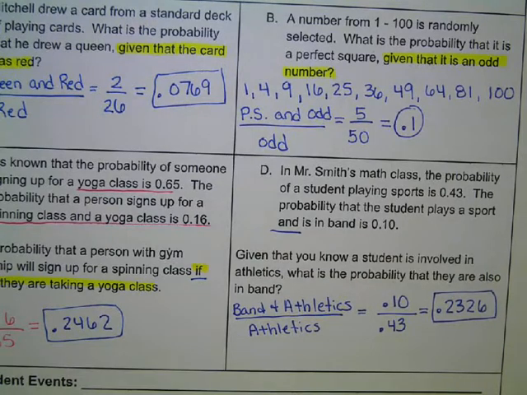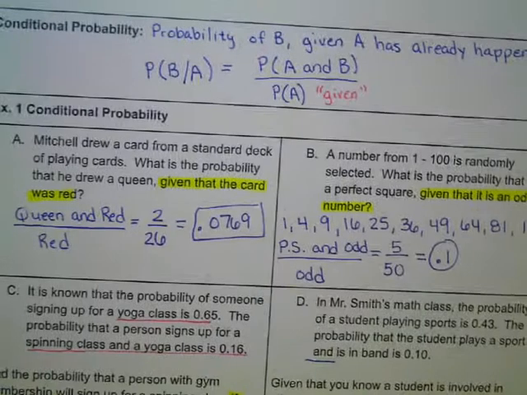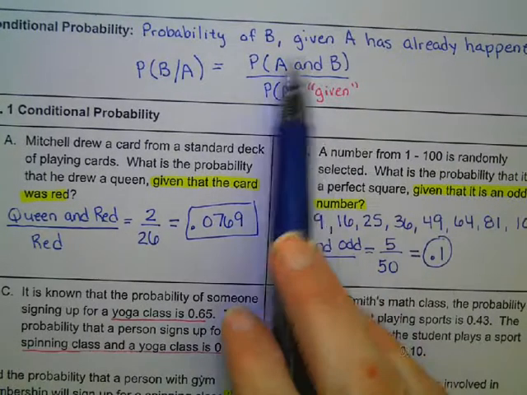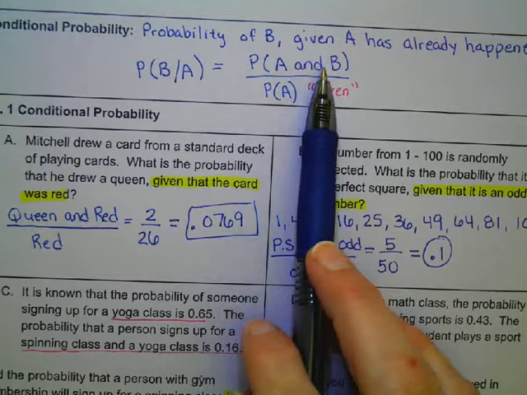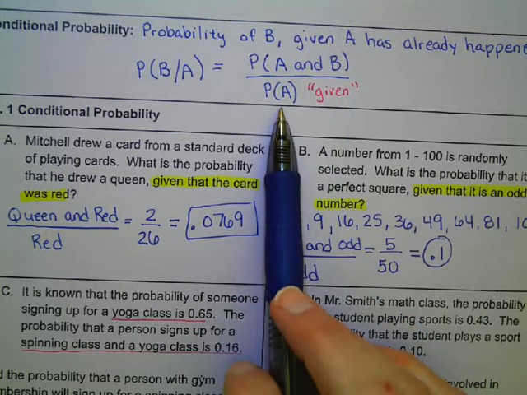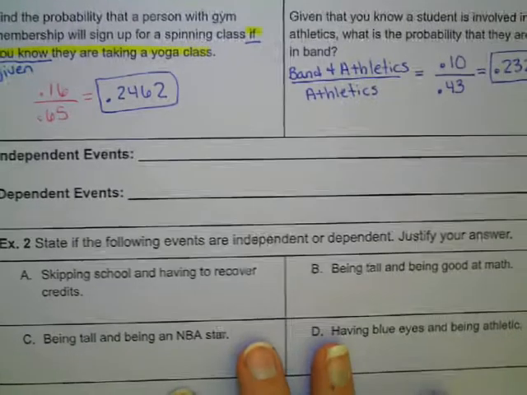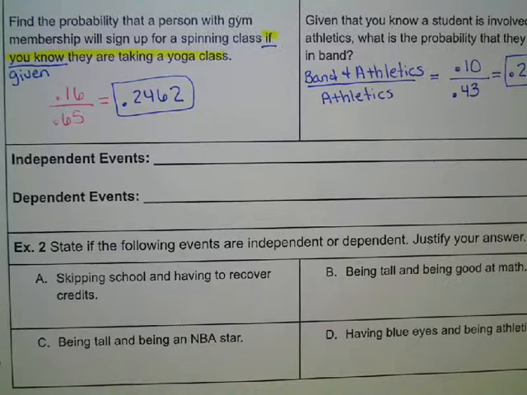So, going up here, conditional probability is the probability of the two events happening given that you already have had the first event happen. So you have to divide by that. Alright, independent and dependent. Independent means the first event does not affect the second event.